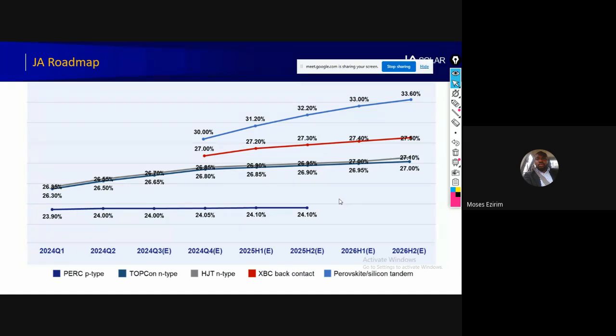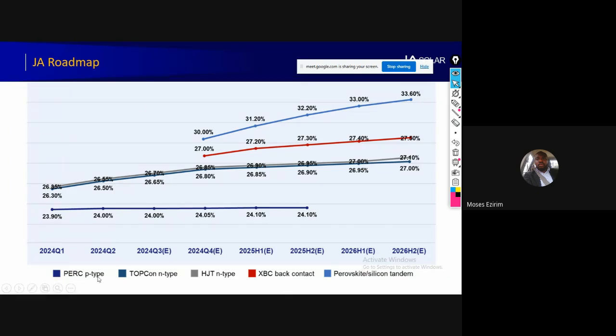Now this is the cell roadmap. I heard Mr. Christopher talking about efficiency. The efficiency of the cell and the module has to do with the technology. When you look at these charts, underneath you can see the cell technologies that we have.